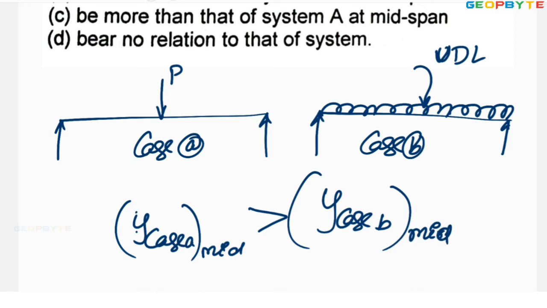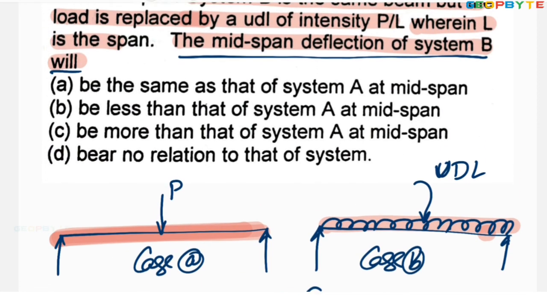That means the midspan deflection due to UDL is less than the same beam with point load.